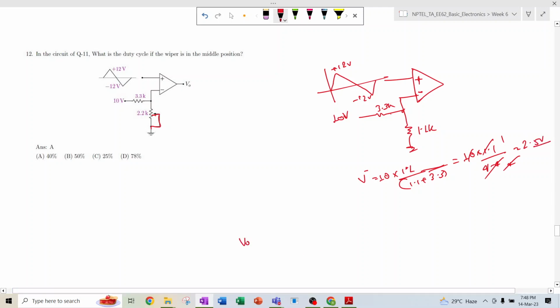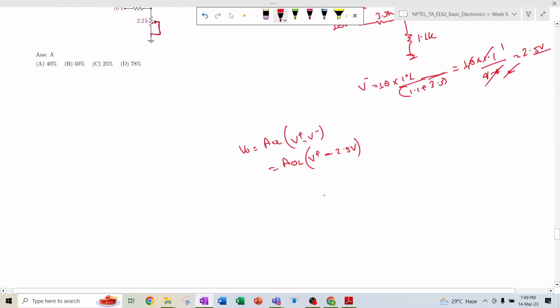So whatever VO is, it will be AOL into V plus minus V minus, right? So AOL V plus is this triangular wave minus 2.5 volt. We have seen earlier that AOL will not affect the duty cycle of the signal, so we ignore it and try to draw V plus minus 2.5 volt.